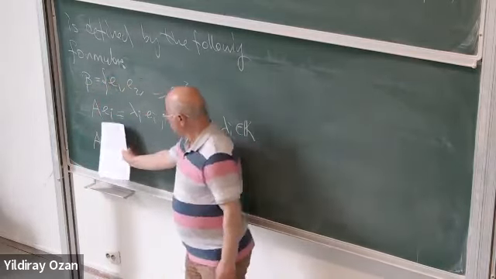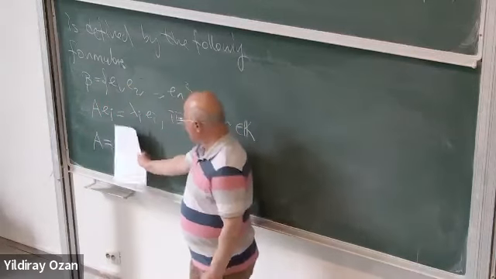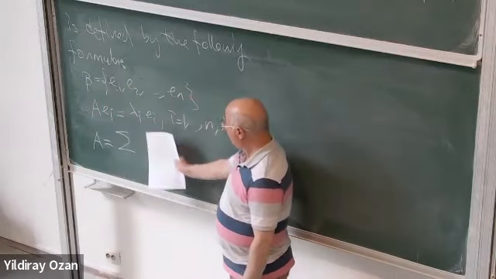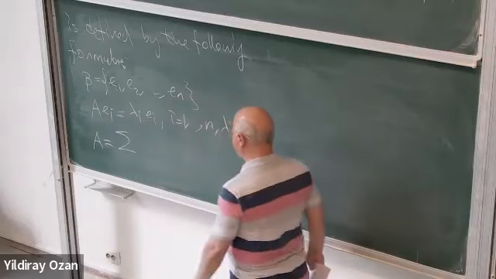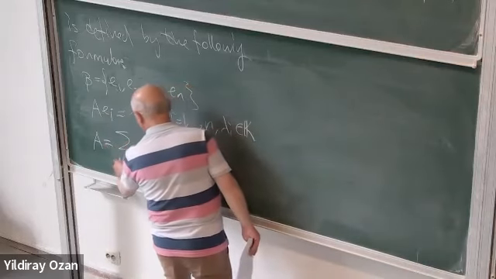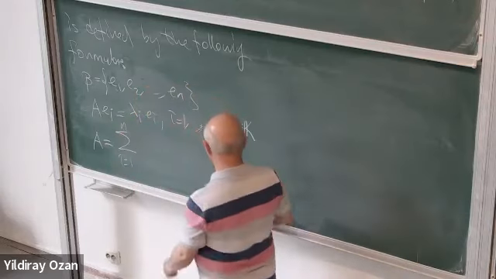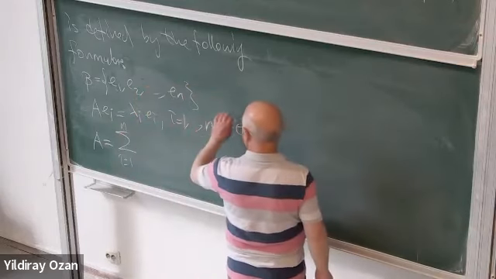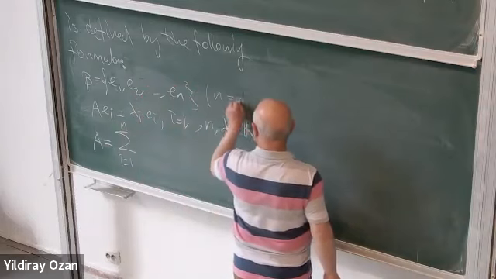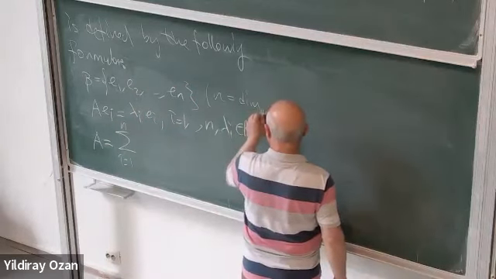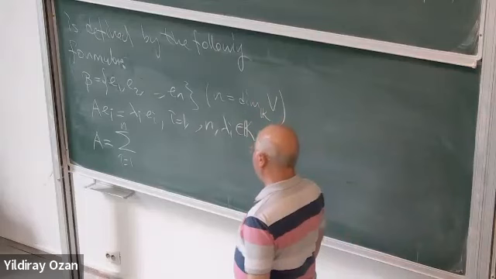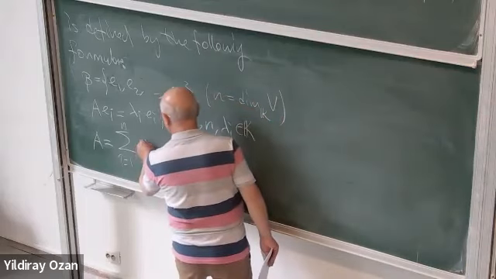So this operator sends the eigenvector e_i to lambda_i times e_i. Therefore, I can write our operator as follows. It's a summation from 1 to n, where n is the dimension of V. Okay, so our operator is the following.